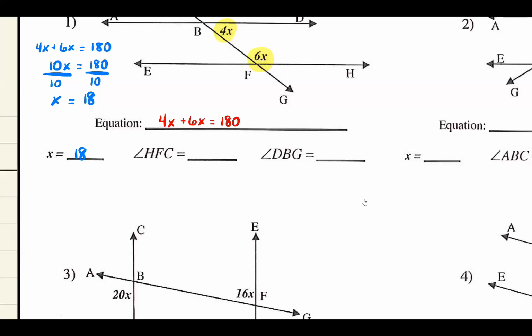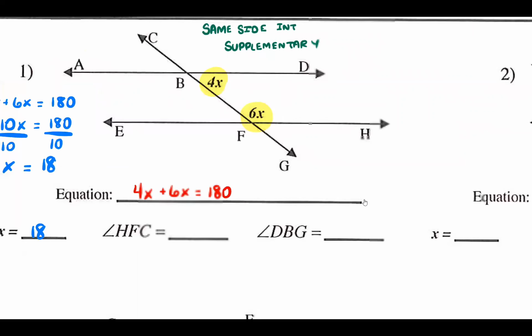But it also wants to know the measurement of angle HFC and angle DBG. So what would I do to get those angle measures? Does that mean 4x is 18 degrees? That means x is 18.